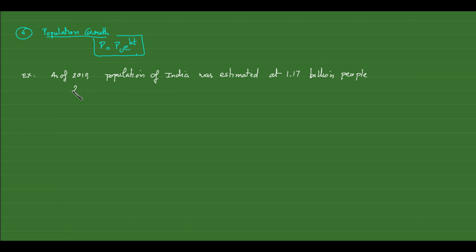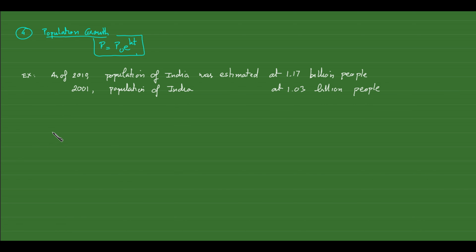But in 2001, the population again of India was estimated at 1.03 billion people. Okay, right.